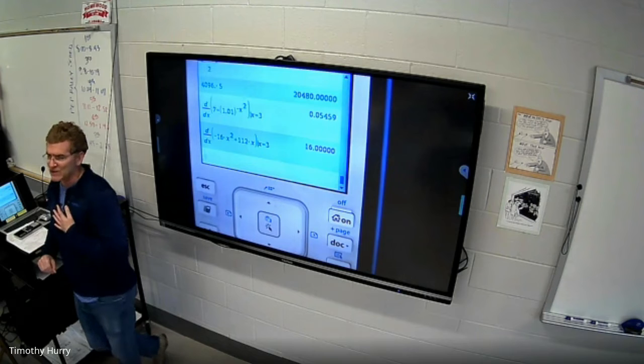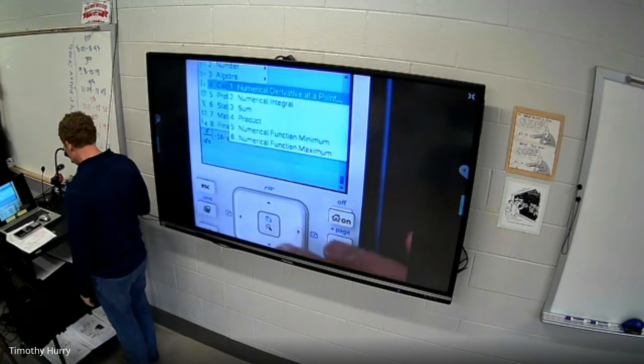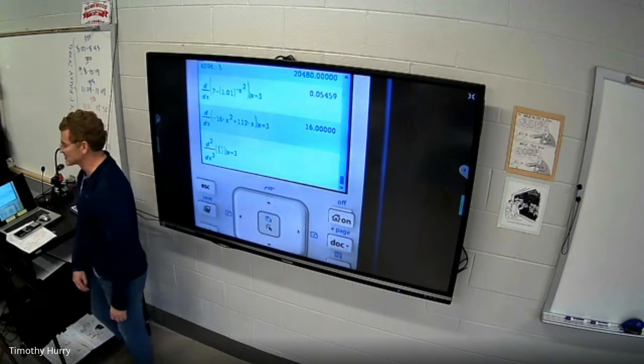But here's where it's really nice. If I were to say, what's the acceleration at time 3, I don't have to do this double derivative garbage. I can just go menu, calculus, numerical derivative at 3, but I can just go down and choose second derivative and hit enter. And look, it's set up for the second derivative.